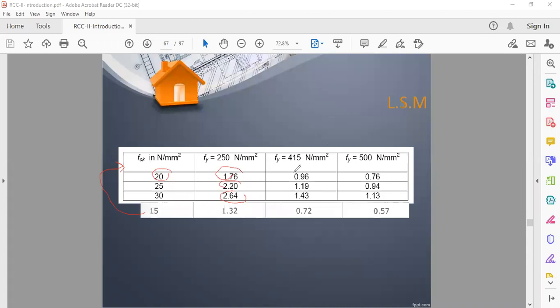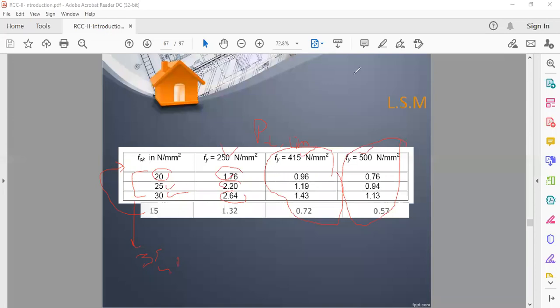And similarly, this is PT, the percentage of steel value. This part is for 415, this is for 500. So M20, 25, 30, we have calculated only up to this part. We can go on calculating 35, 40, 45 like that, but you have only these grades of steel: 250, 415 or 500.